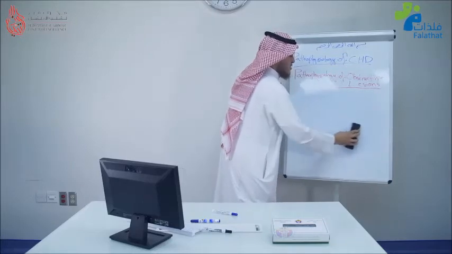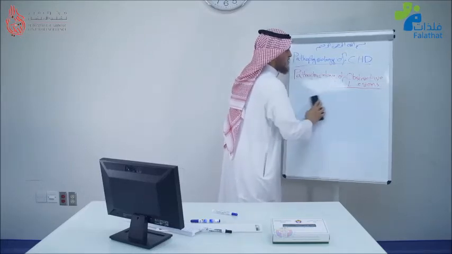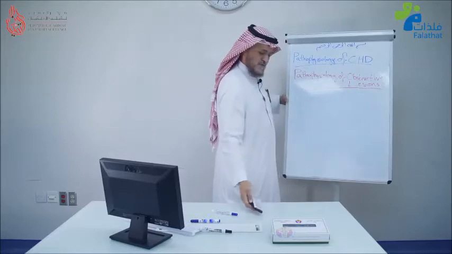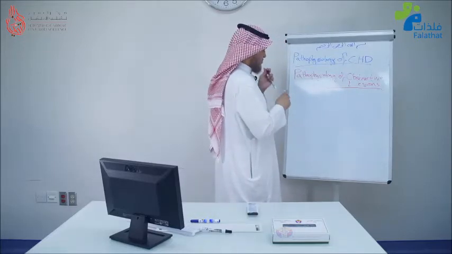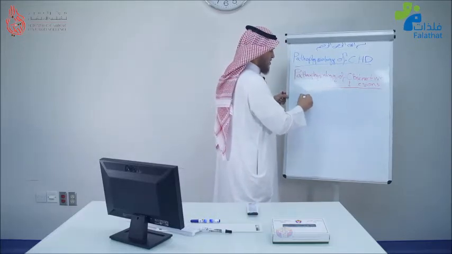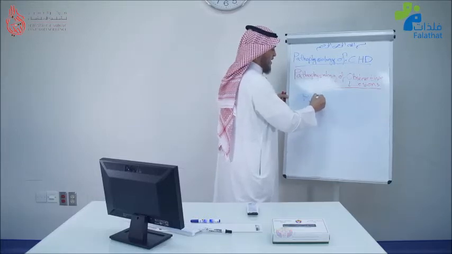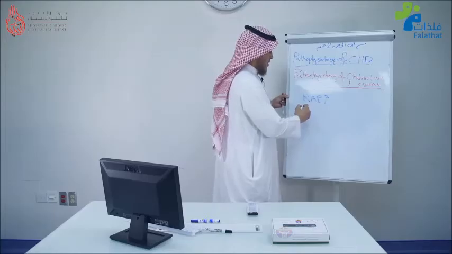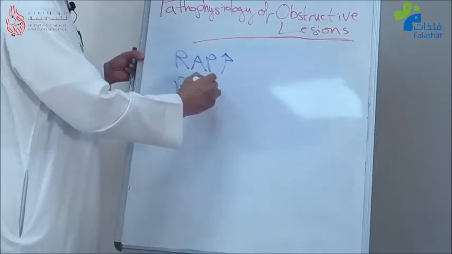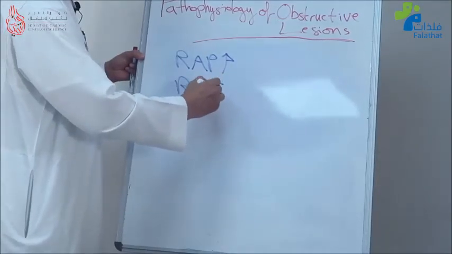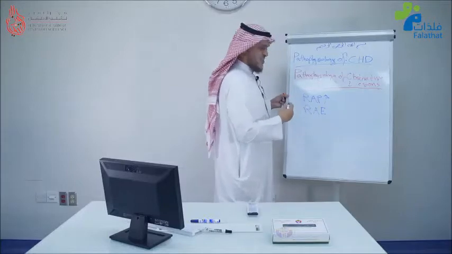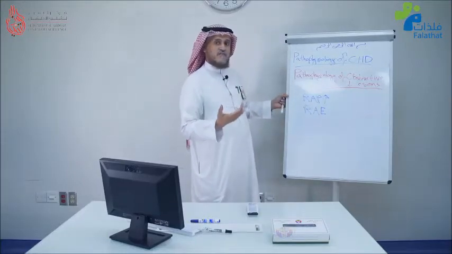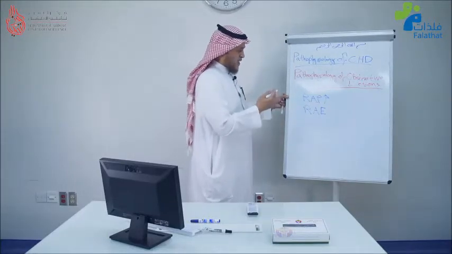So just to recap, in moderate tricuspid stenosis, we will see right atrial pressure elevation. We will see right atrial enlargement. So what is next in severe tricuspid valve stenosis?